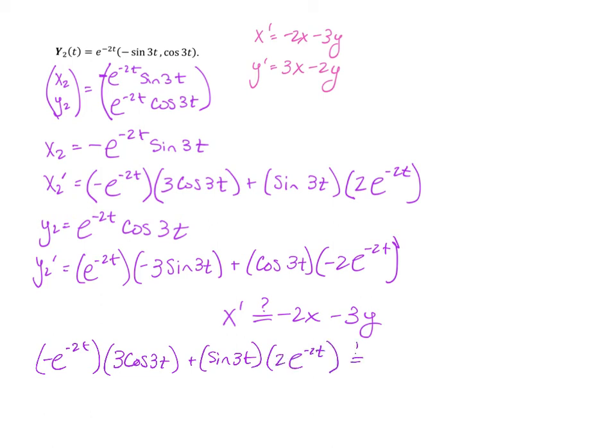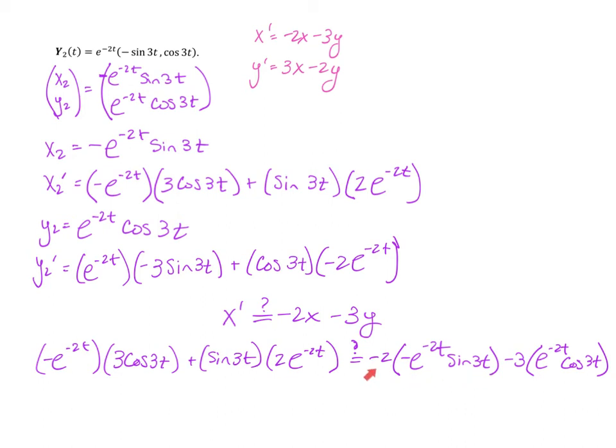Does that equal negative 2 times x, where x is this function here, negative e to the negative 2t sine 3t, minus 3 times y, where y is e to the negative 2t cosine 3t? Okay, so are these the same?